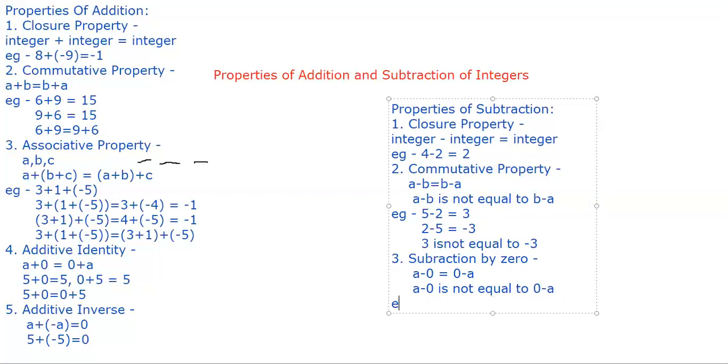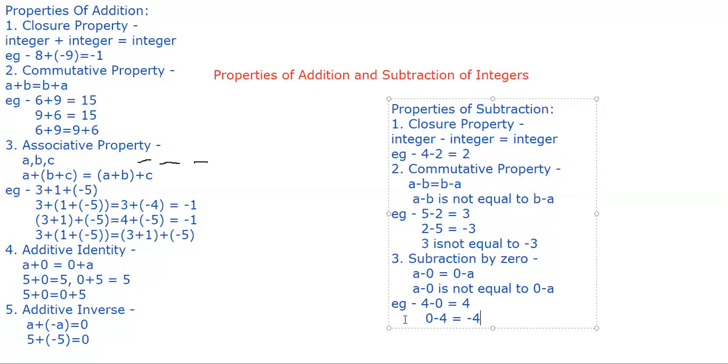In maths, if you're doing these things, it needs proof. You need to state why you are saying that it's not equal. So if I write 4 minus 0, it is equal to 4. But if I write 0 minus 4, it is equal to minus 4.